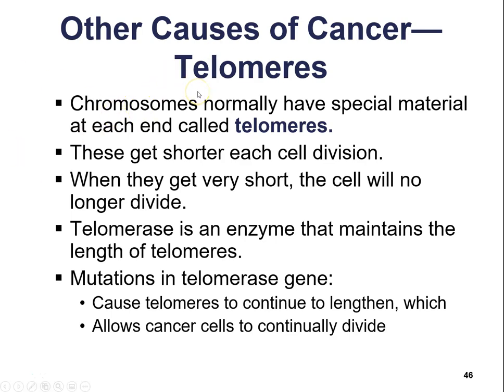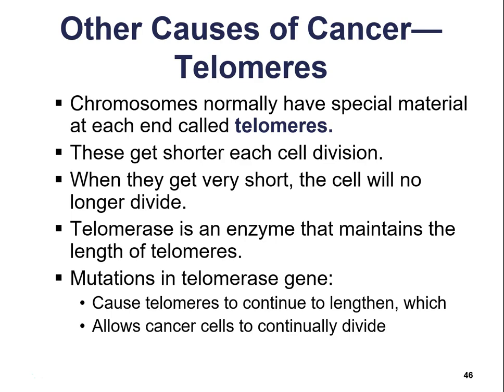He mentions also here, it says other causes of cancer, telomeres, okay? So there is something that basically every chromosome has at the end of the DNA, and the ends of the chromosomes are called telomeres. Each time the cell divides, these telomeres get shorter, and we'll talk about this when we talk about DNA replication, just because when the cell replicates its DNA, it cannot replicate the extreme ends.